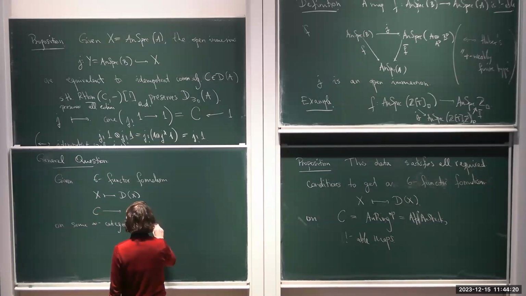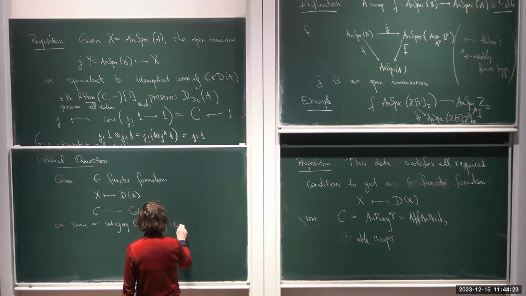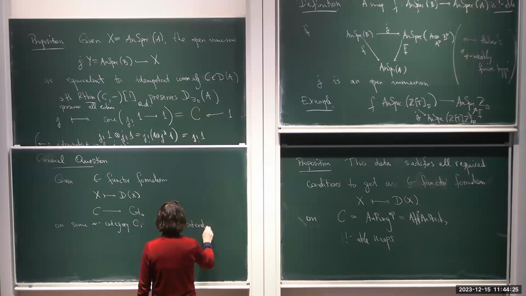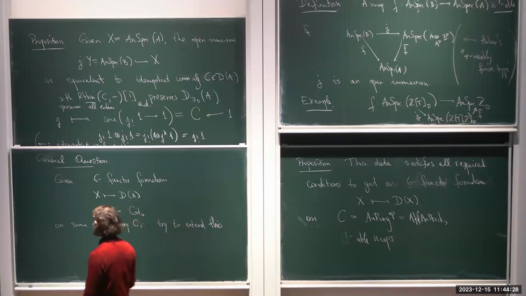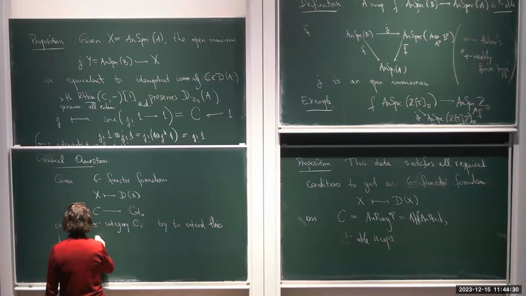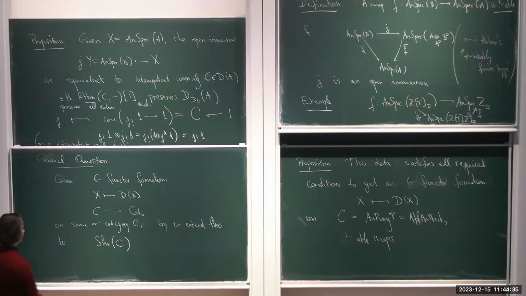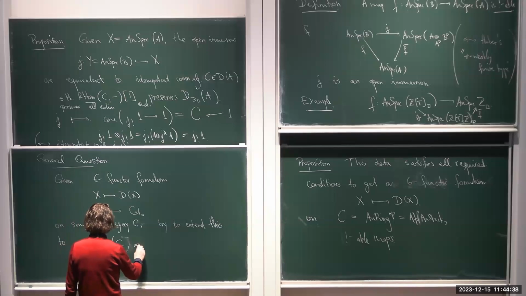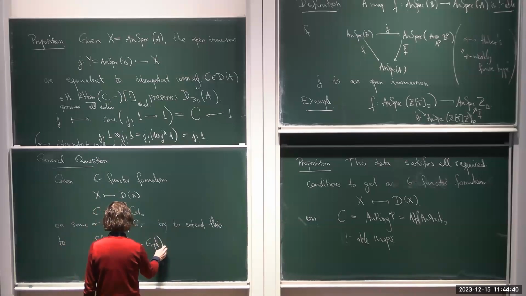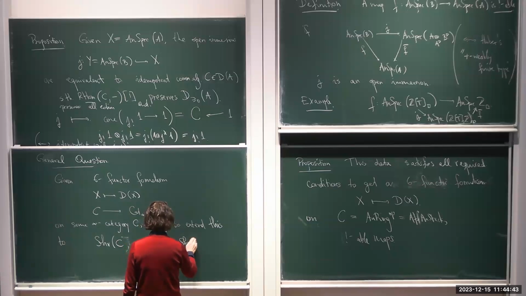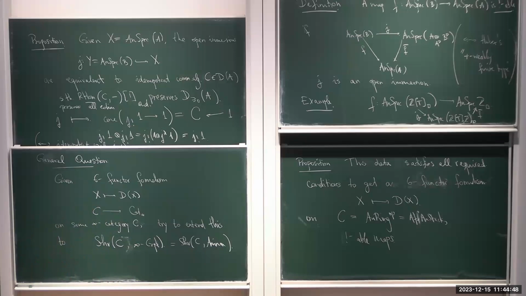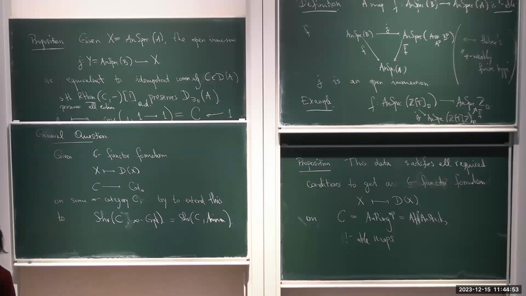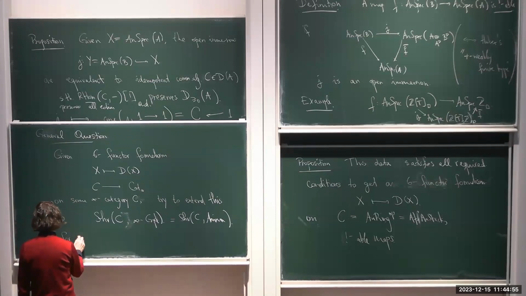So you want to try to extend the six-functor formalism to sheaves on C, sheaves with values in infinity groupoids, or what we call anima, for some notion of sheaves.